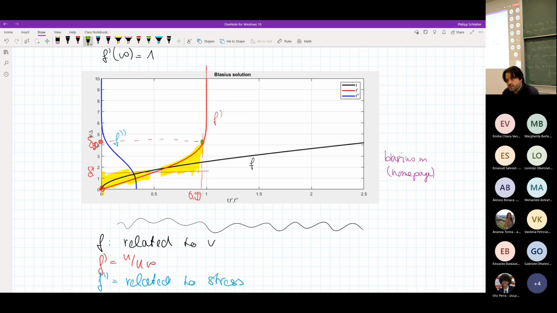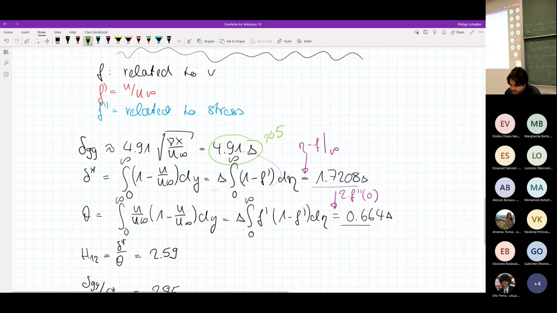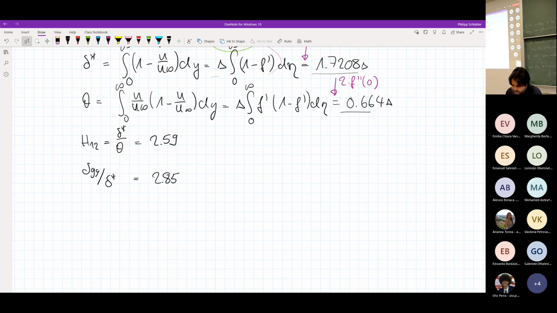So this is one number that you should keep in mind. And the other number that is good to remember is the ratio between delta 99 and delta star, which is approximately 3. You don't need to know the 2.85, you need to know the 3. So that means for a laminar boundary layer, the displacement thickness is a third of the total boundary layer. This is what you need to remember from all of these numbers.